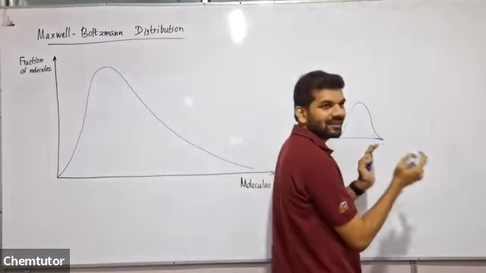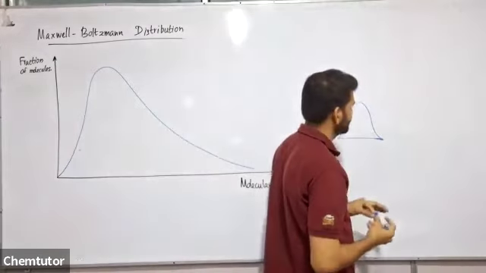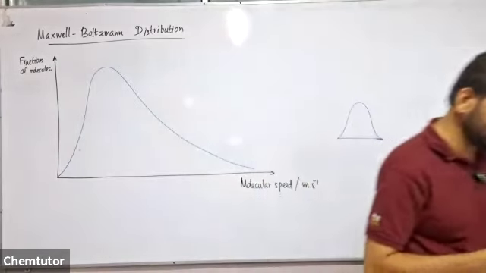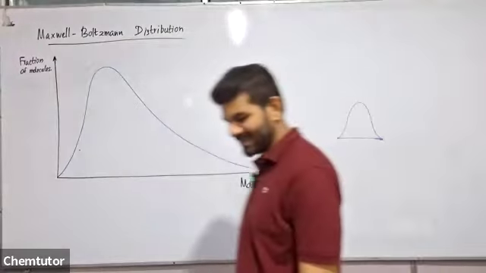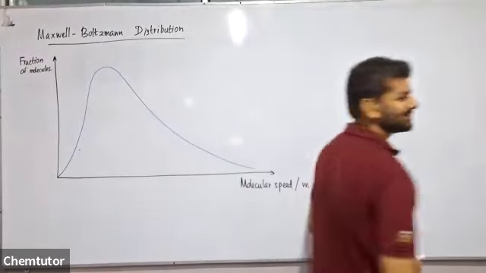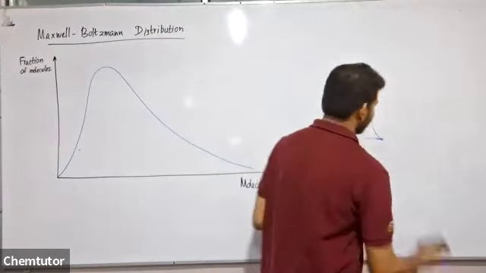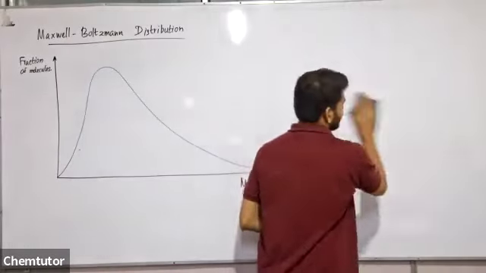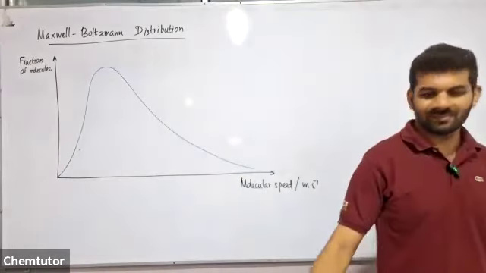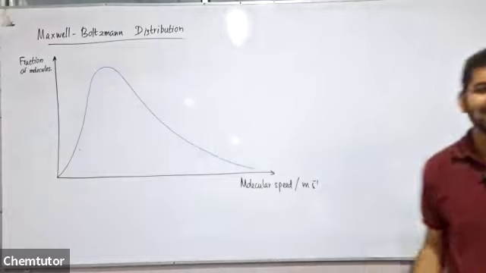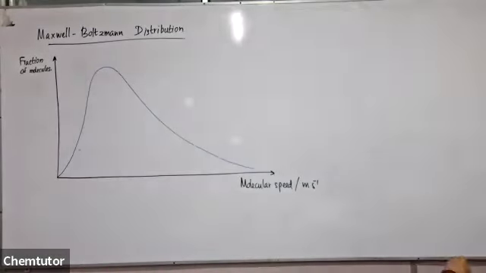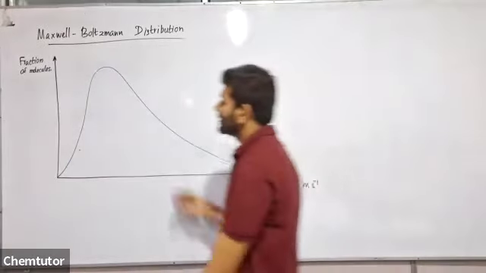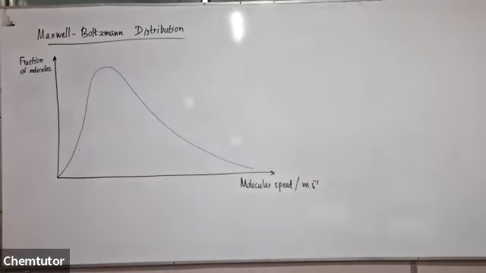Earlier it was symmetrical, it becomes asymmetrical. So this is called an asymmetrical bell shape.